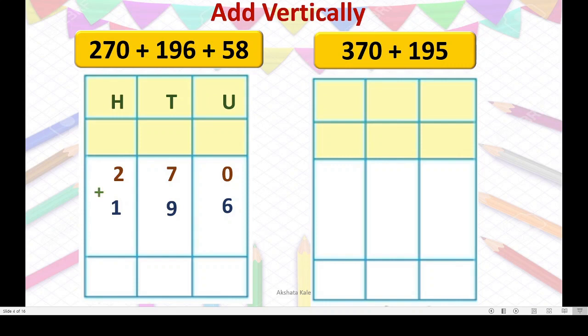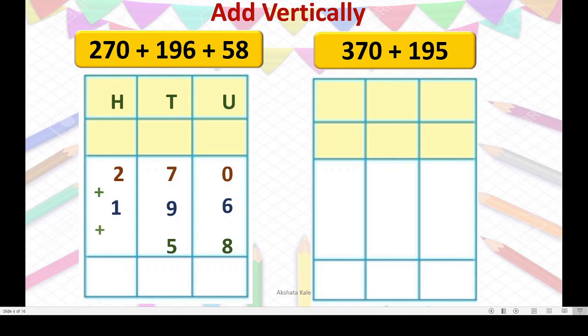Correct? Now 8 we will write in the units place and 5 we will write in the tens place. We will not write any number in the hundreds place, because here it is a 2-digit number.